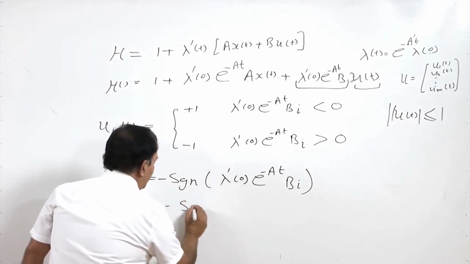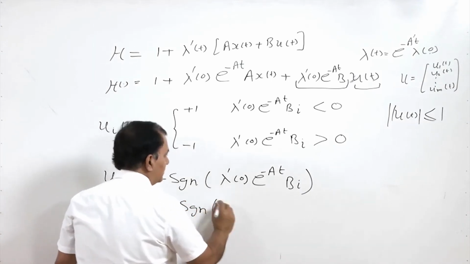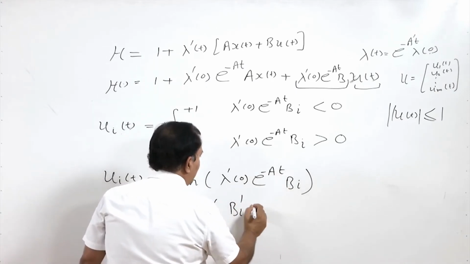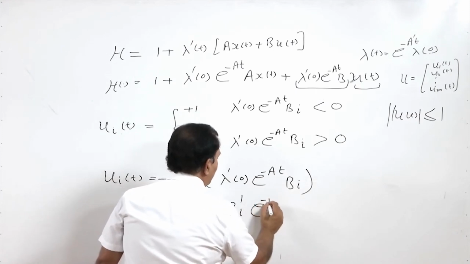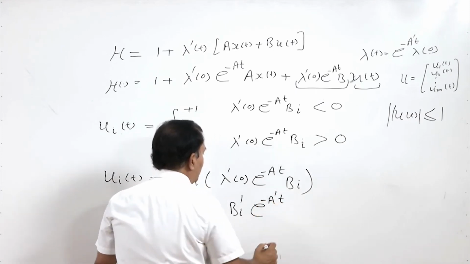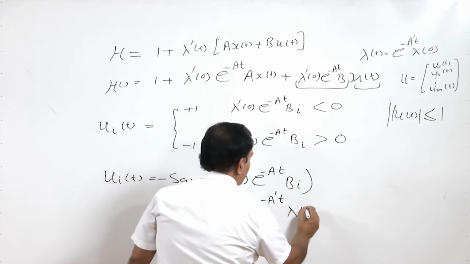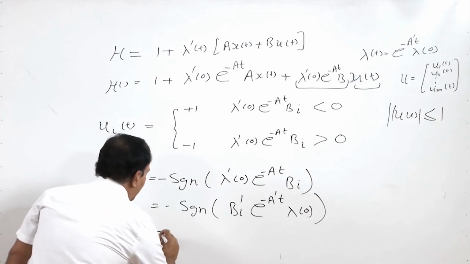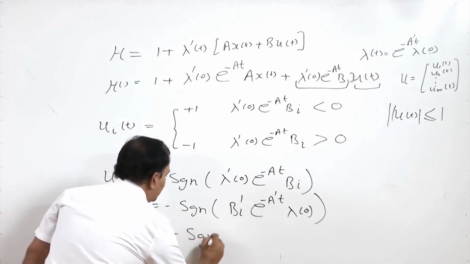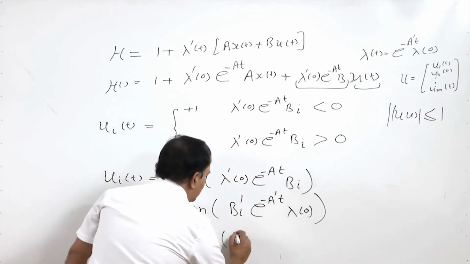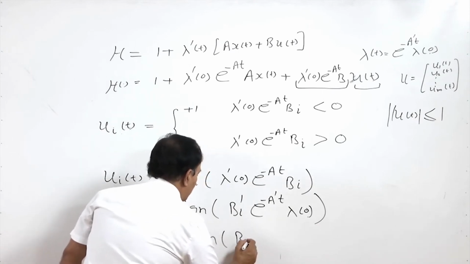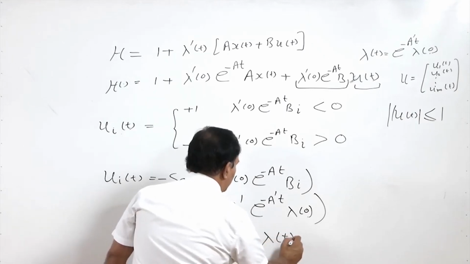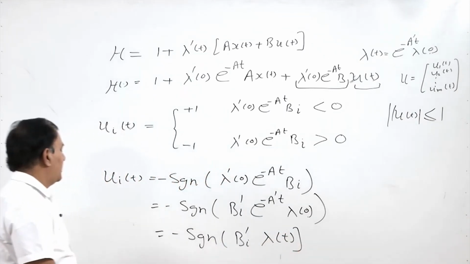The same we can write as, if I take the transpose of this, bi transpose e to the power minus A transpose t lambda 0, or simply I can write this is nothing but the signum function of bi transpose lambda t.